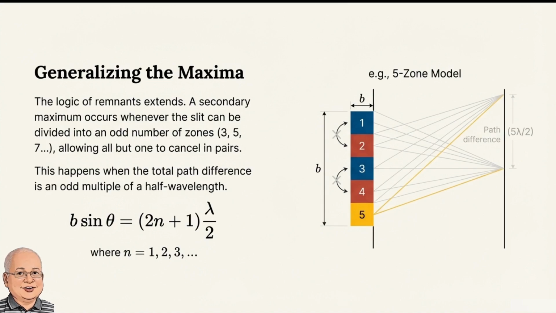If there are odd numbers, that is a combination of even numbers plus 1. So 1 will remain uncancelled. So from that point, we will get the bright point. So this will happen when the total path difference is an odd multiple of half wavelength. So b sin theta has to be equal to (2n plus 1) lambda by 2, where n is equal to 1, 2, 3, 4, etc.